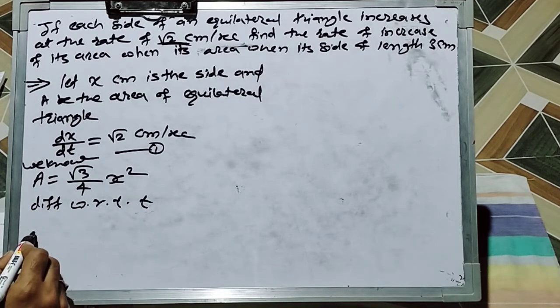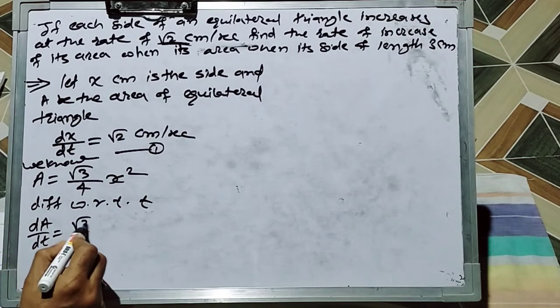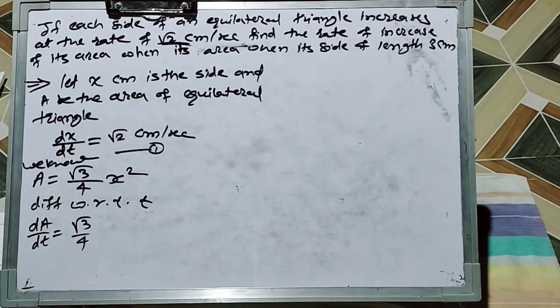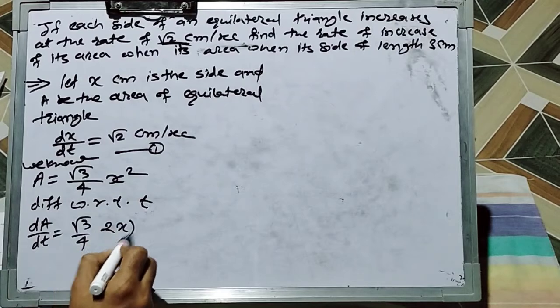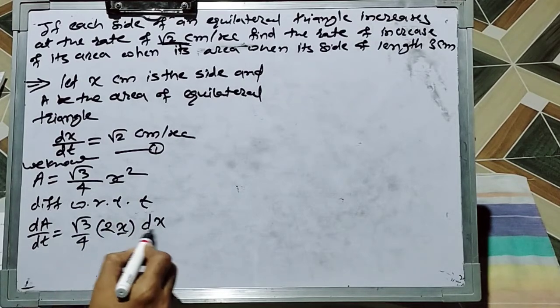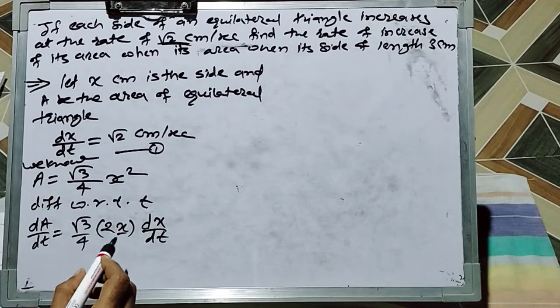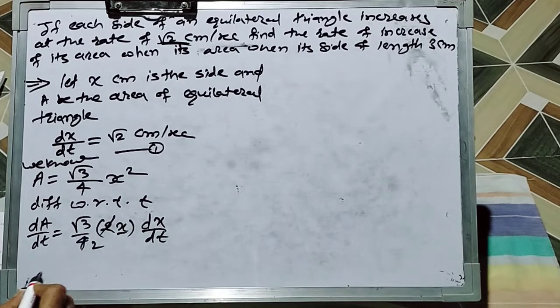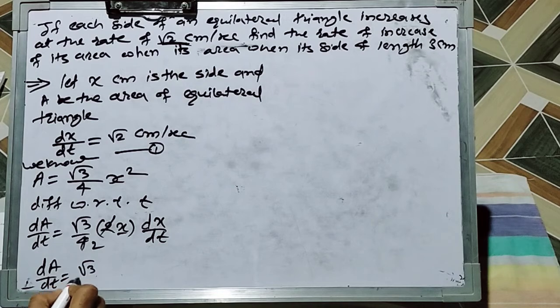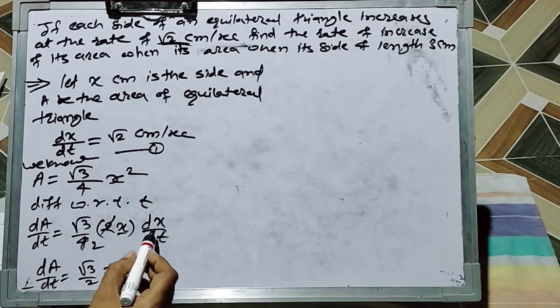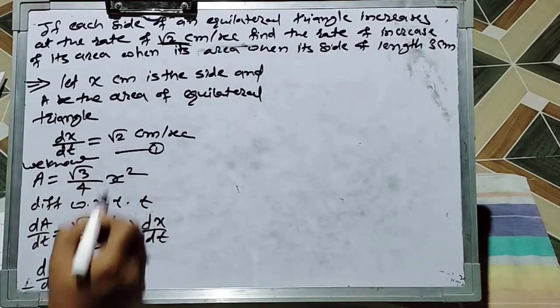So dA by dt equals root 3 divided by 4 into the derivative of x squared, which is 2x, into dx by dt. Here 2 fours are... 2 into 2 is 4, so dA by dt equals root 3 divided by 2 into x, and the value of dx by dt is root 2.